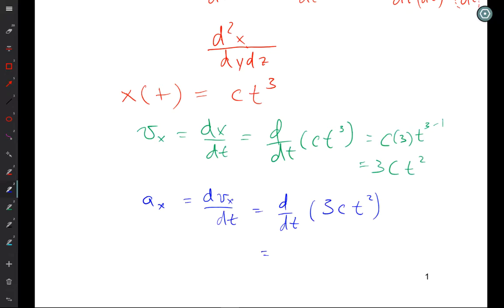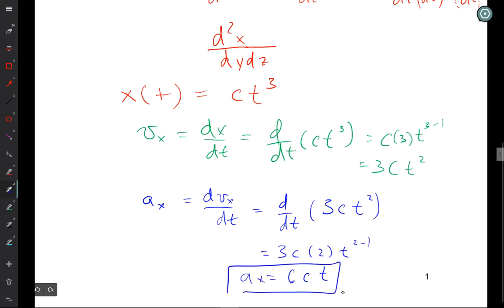Not just c now, 3c. Because the 3 was also constant. I mean, it's always constant. And then the derivative of t squared using the same rule. And so there's my acceleration.